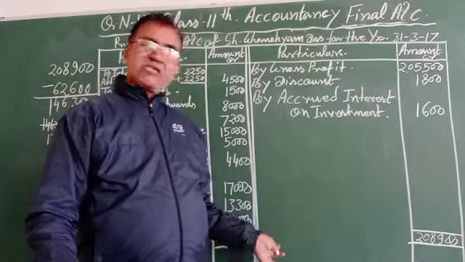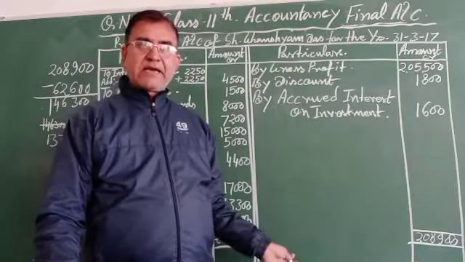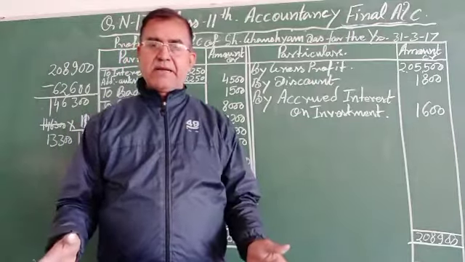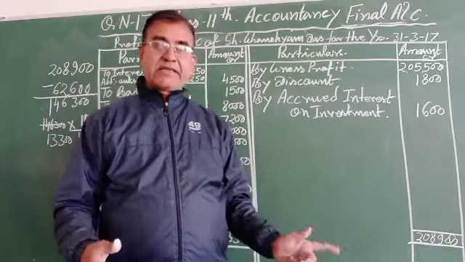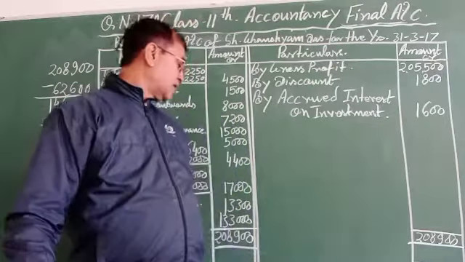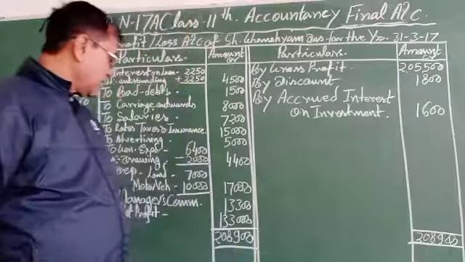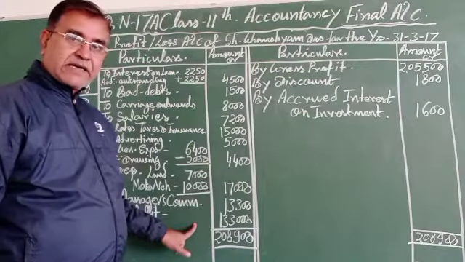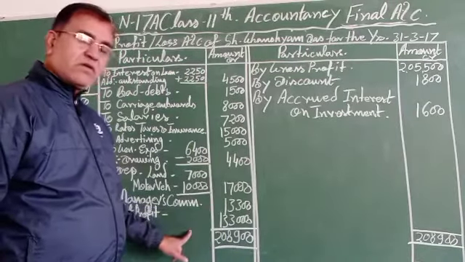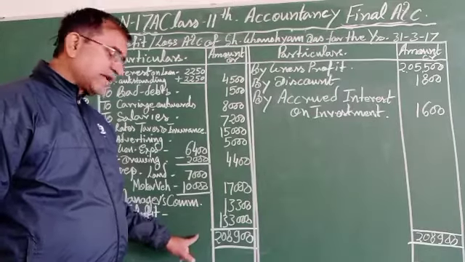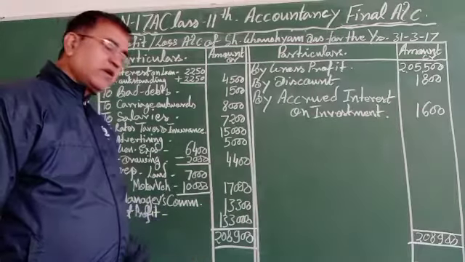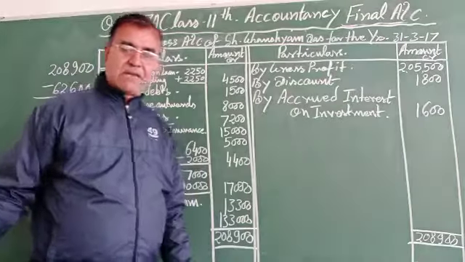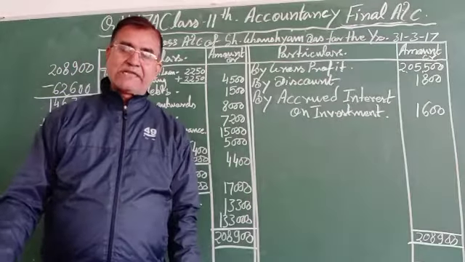And manager's commission also, because this will be paid the next year, that will be a liability of the enterprise. So after deducting from the net profit in the profit and loss account, the net profit will be ascertained and then it will be shown in the liabilities column of the balance sheet also.